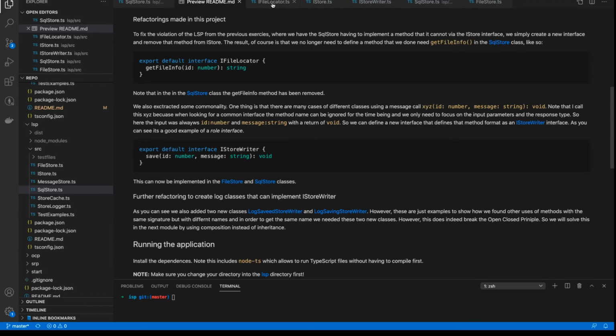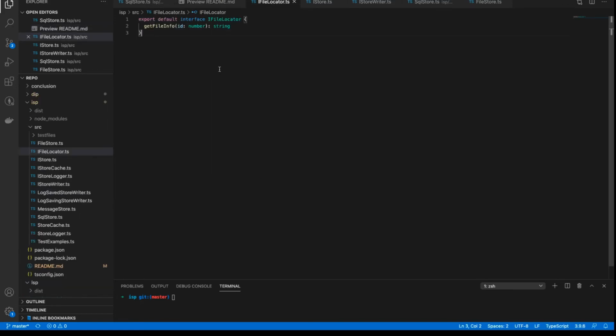So if we take a look at the interfaces that we defined, and by the way, what you'll find is, as mentioned in the intro, you'll end up defining quite a few interfaces, and a lot of them will probably look like this. When I say look like this, I mean it will have just one member. And so this particular interface defines the method required to locate a file info.